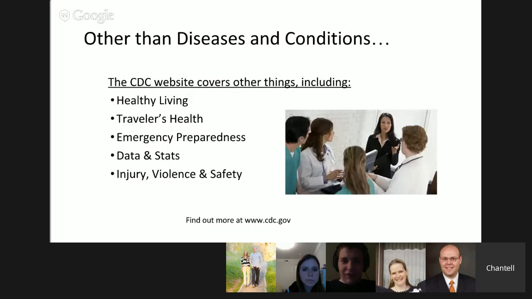And then other things they cover is like healthy living, travelers' health, data and statistics of diseases and what have you, and injury and violence safety. And they also had several more things, including, like Chantel was talking about, the Native American health and stuff like that. There's that one organization that's dedicated just for that.